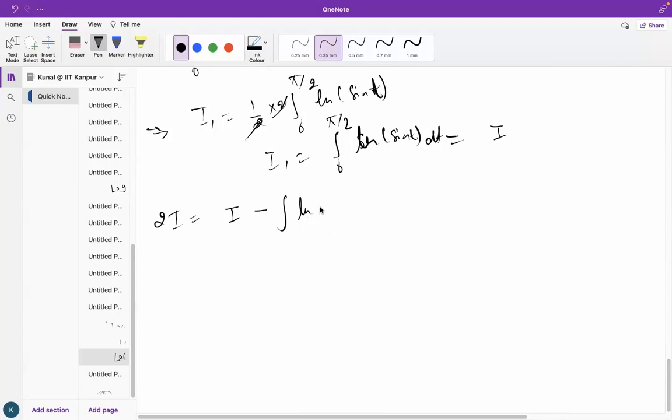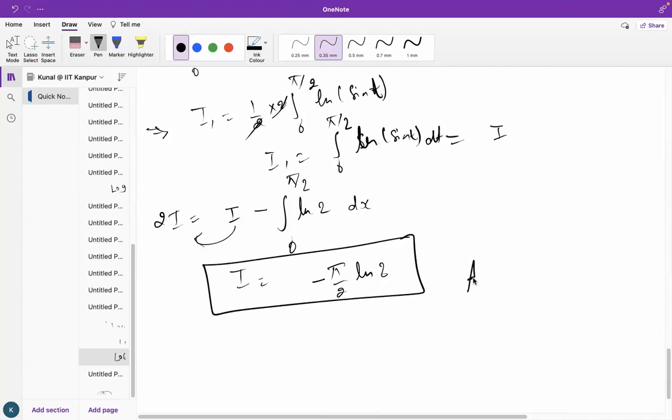Ln 2 dx from 0 to pi by 2. So what we get? Pi by 2 ln 2 minus, when we integrate this and take this side, we get I is equal to minus pi by 2 ln 2. I hope this is clear to you, right?